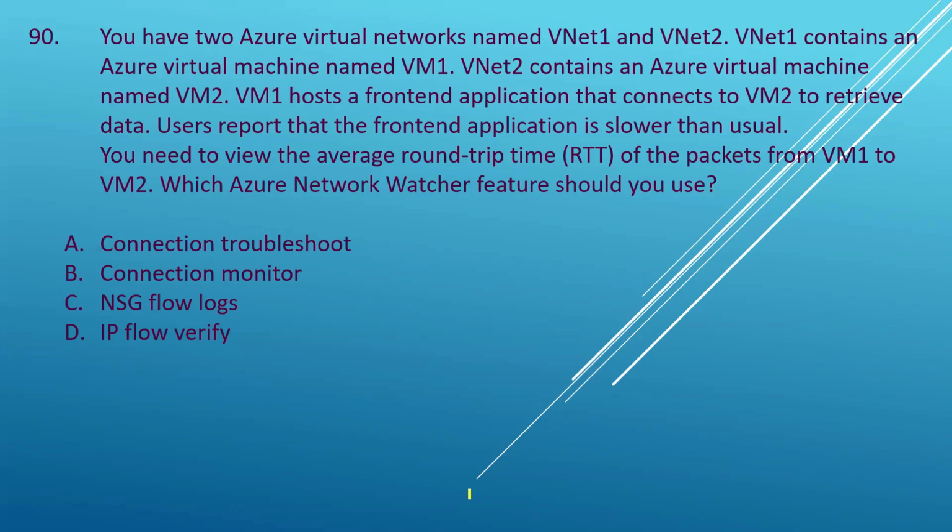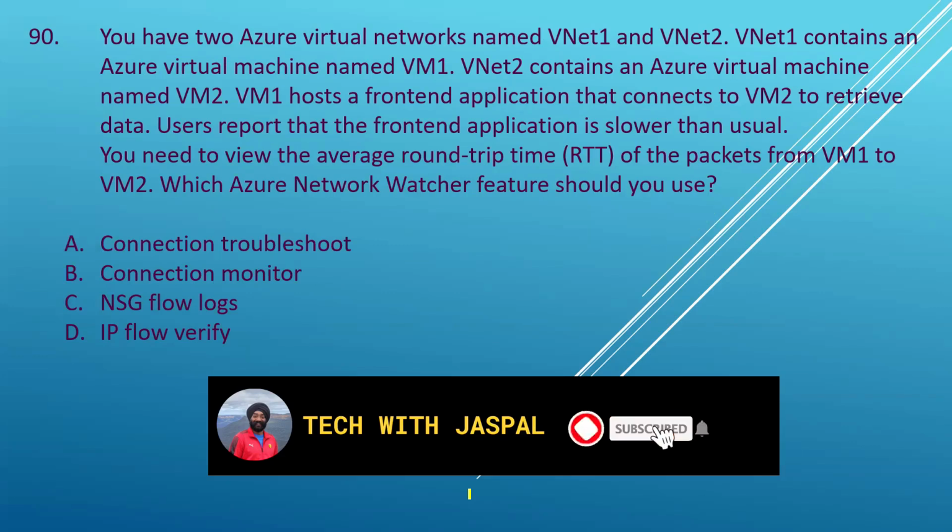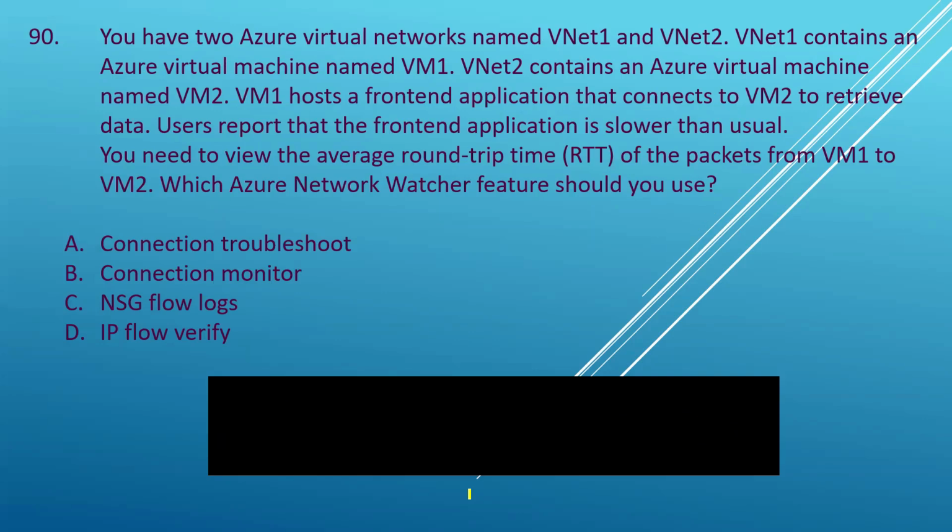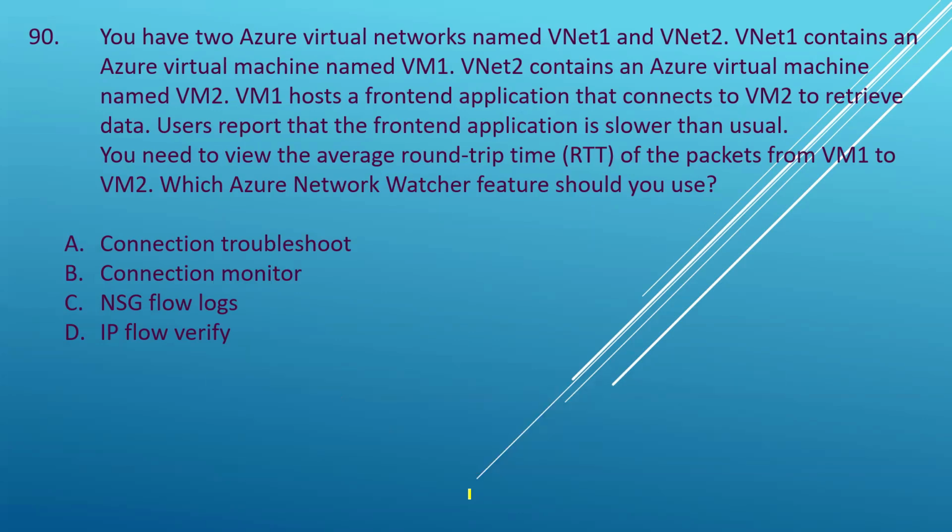Users report that the front-end application is slower than usual. You need to view the average round trip time, RTT, of the packets from VM1 to VM2. Which Azure Network Watcher feature should you use? Your options are connection troubleshoot, connection monitor, NSG flow logs, IP flow verify.